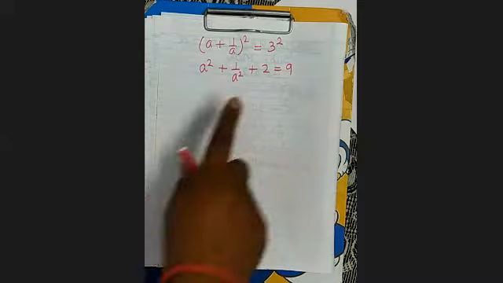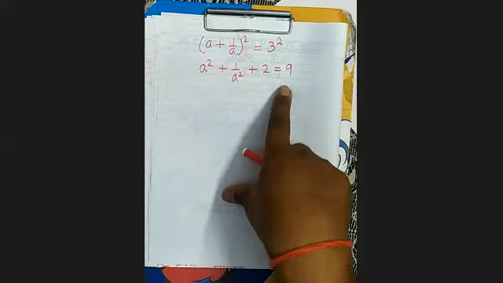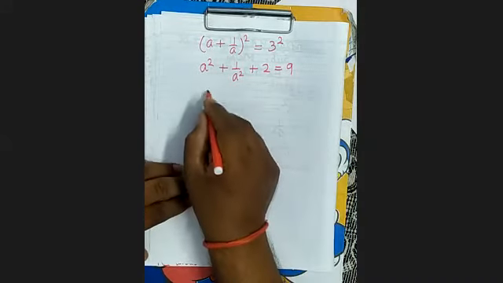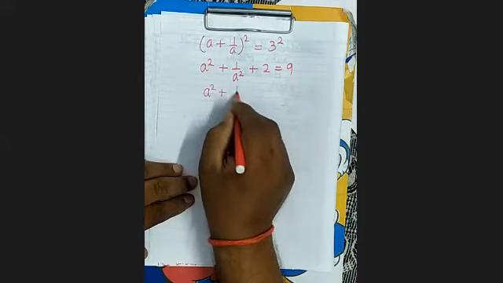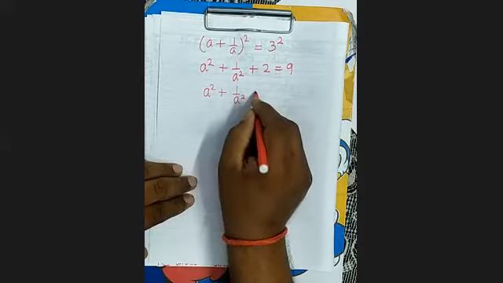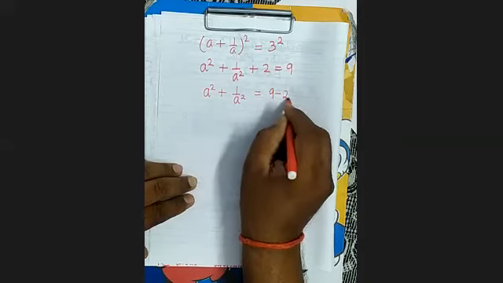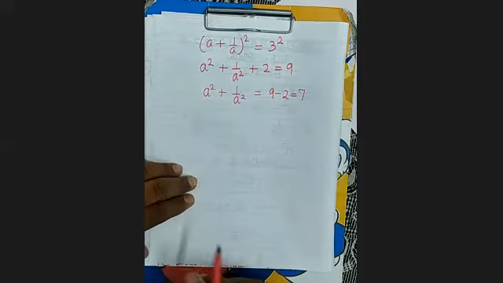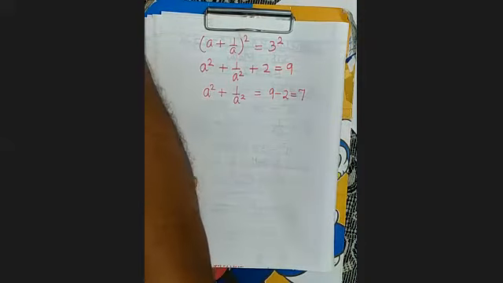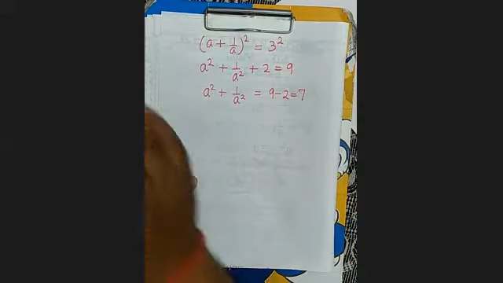A square plus 1 upon a square plus 2 equals to 9. So what is a square plus 1 upon a square? 9 minus 2 equals to 7. It is 7.